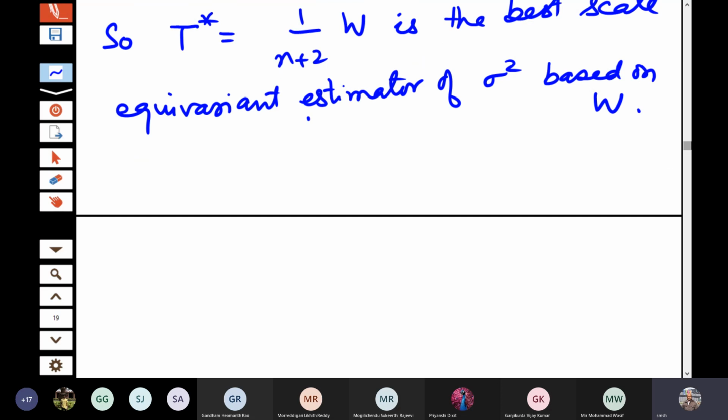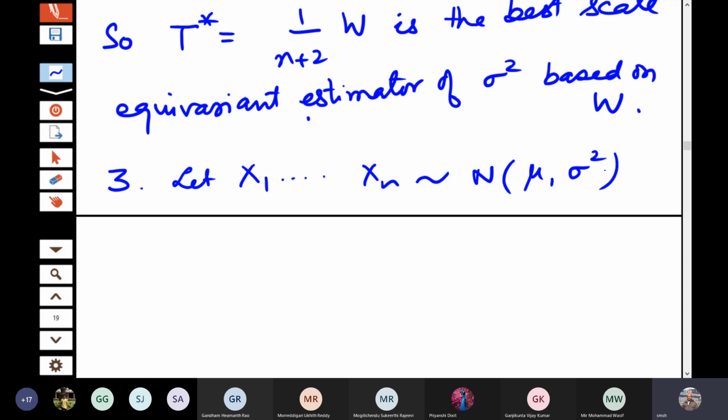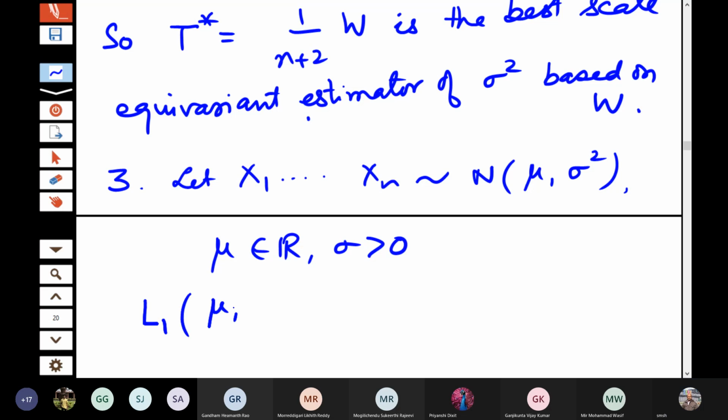So let us take up another exercise here. I consider a random sample from a general normal distribution, that is N(mu, sigma square), where mu is any real and sigma is positive. And let me consider two different problems here. Let me consider one loss function L1, that is (mu minus d) by sigma square whole squared.